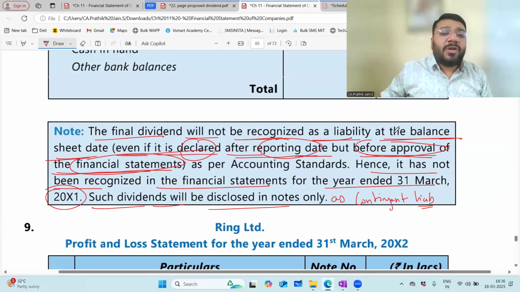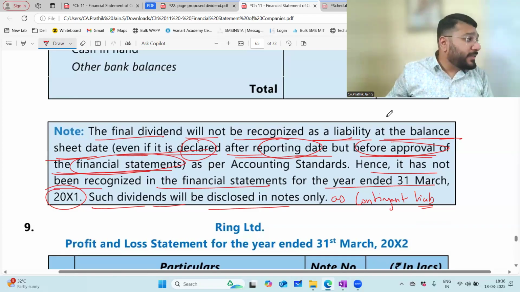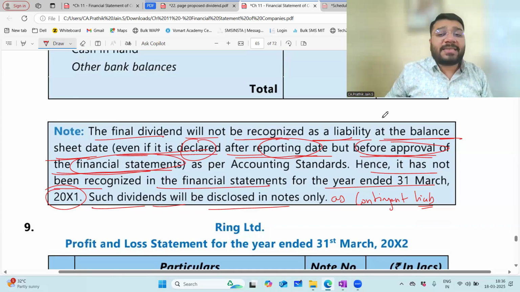The final dividend will not be recognized as liability at the balance sheet date, as it is not declared by the shareholders in the AGM, and hence it will be shown as a contingent liability in the notes to accounts.